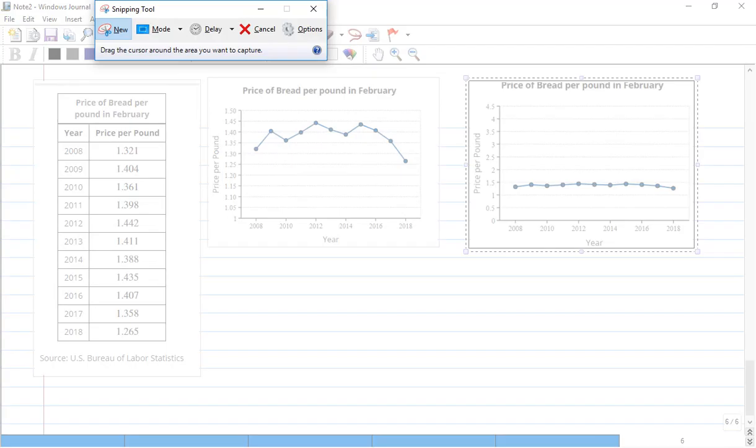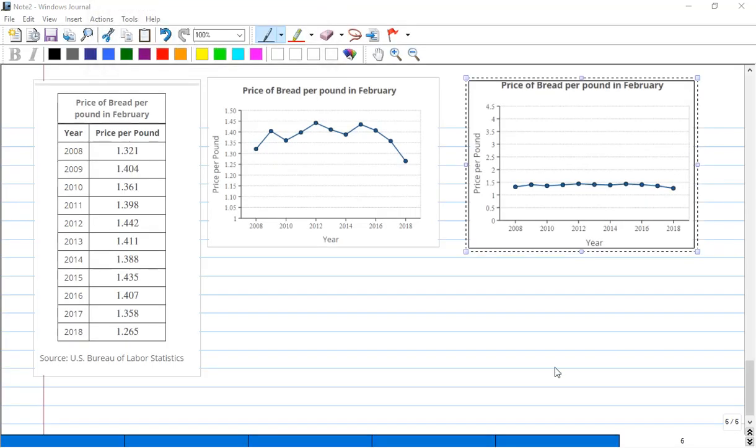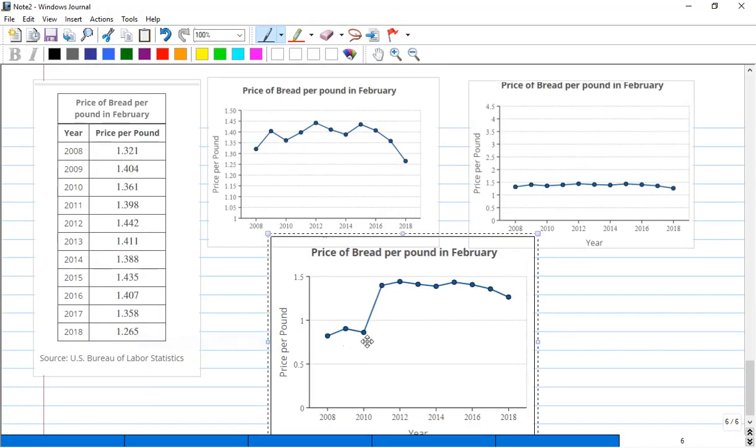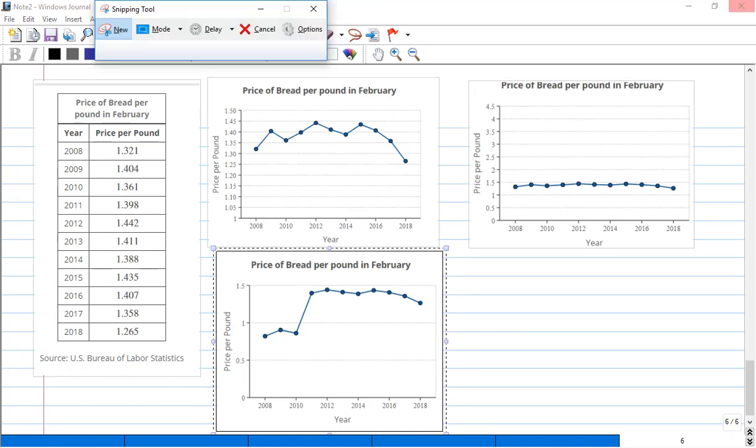This one here. And lastly, this one here.